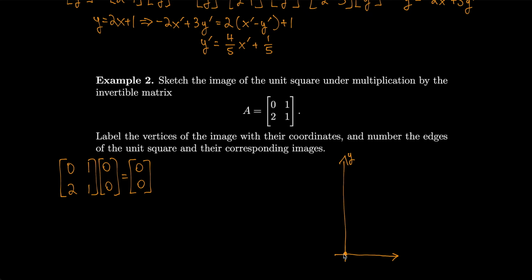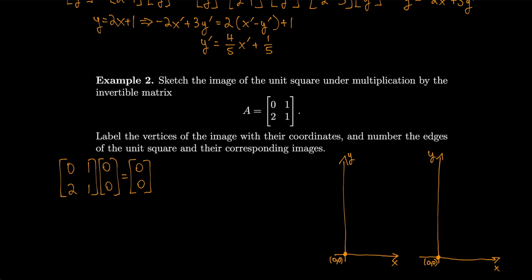I'll put (0, 0) right here. And then this will go to a new coordinate plane. So here's x, here's y, and it stays at (0, 0). So (0, 0) is still (0, 0).